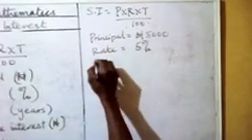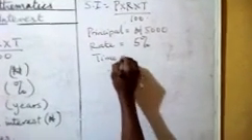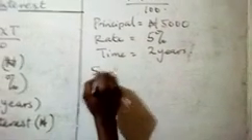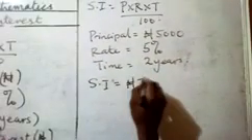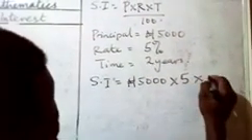Okay, then time is 2 years. So let's calculate now. Simple interest equals the principal, 5,000 naira, times the rate, 5%, times 2 years over 100.